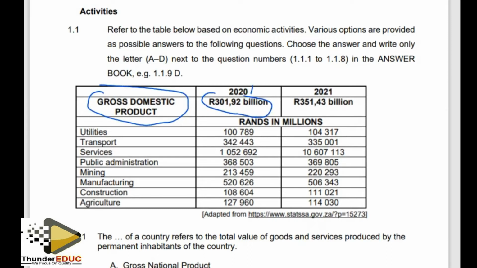The year is 2022, the year 2021. You can see the amount in billion rands. Then here there are different activities like utilities, transport services, etc. And as well how they contribute to the GDP or their amount in rands.